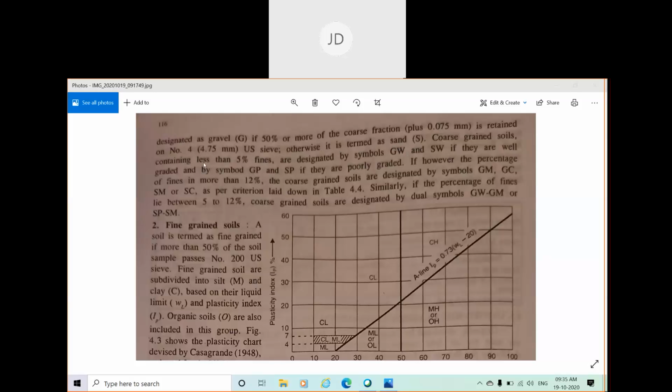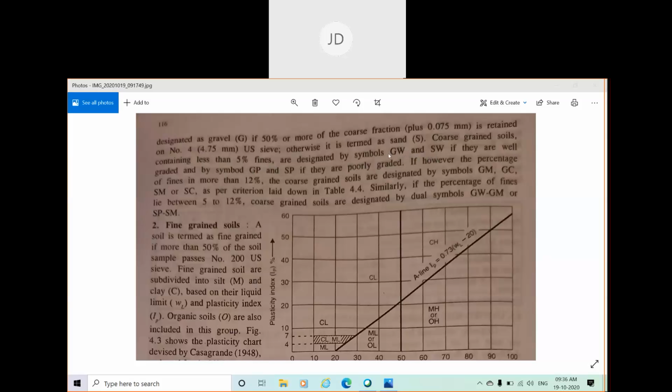A coarse grained soil may be gravel, may be sand. That is the first thing. Then you have to check whether the particular coarse grained soil contains less than 5% fine grained soil or not. If the soil contains less than 5% fines, then we can denote it by GW or SW, depending on whether it is gravel or sand.